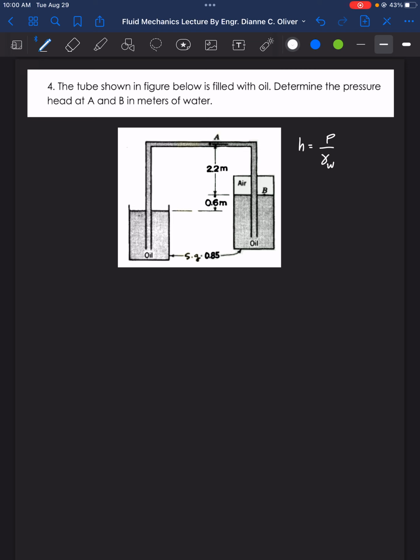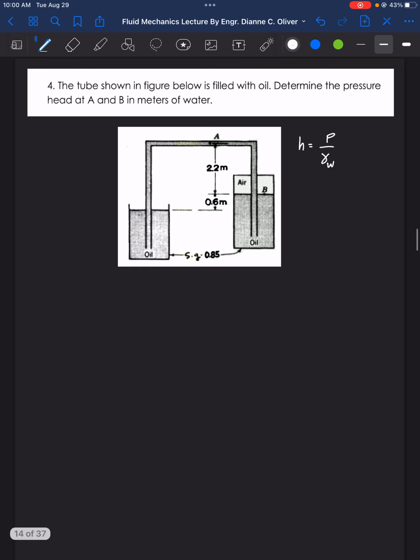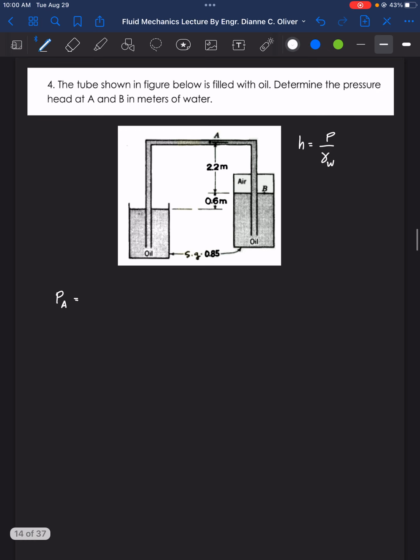So for point A, in order to find the value of H, we need to find the value of pressure. What's the pressure at A? If you look here, this is point A at the top. It's similar to having point A at this position here. This is the free surface, this is the closed surface.